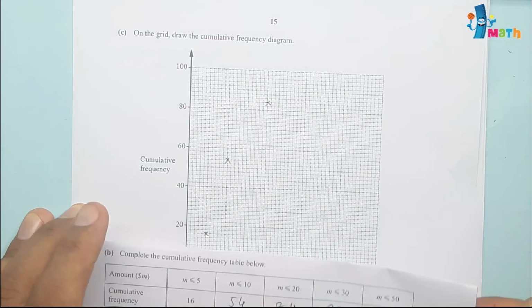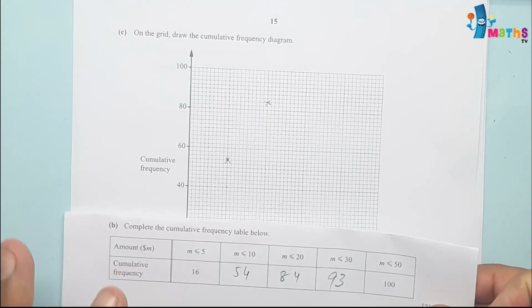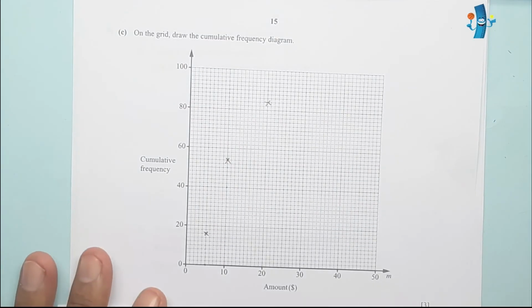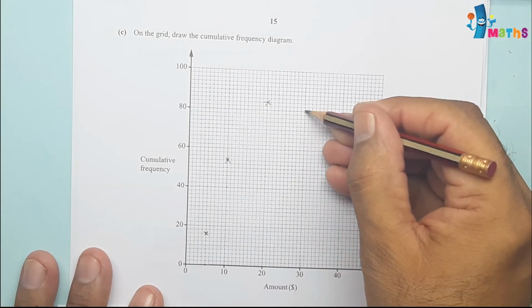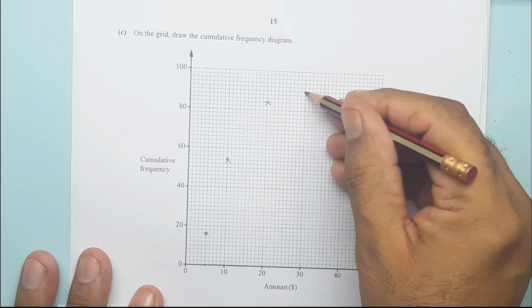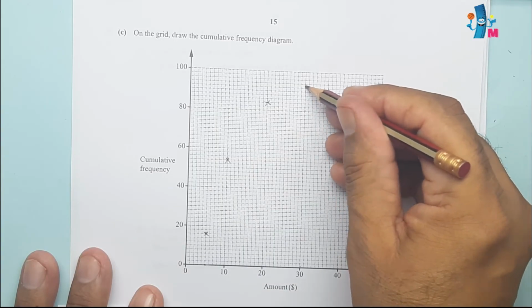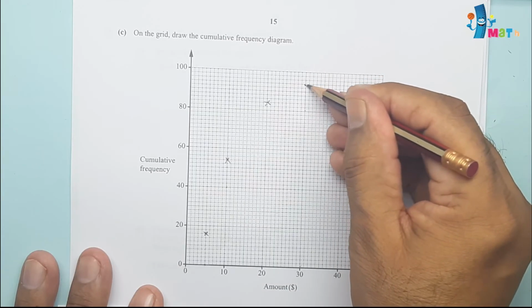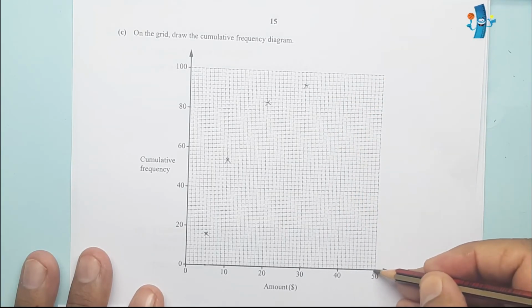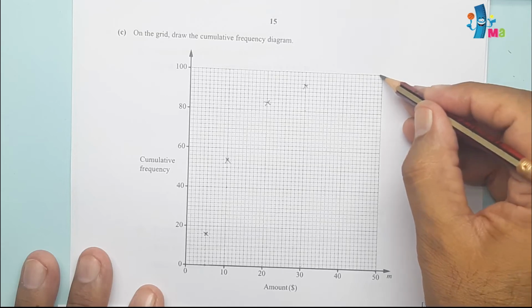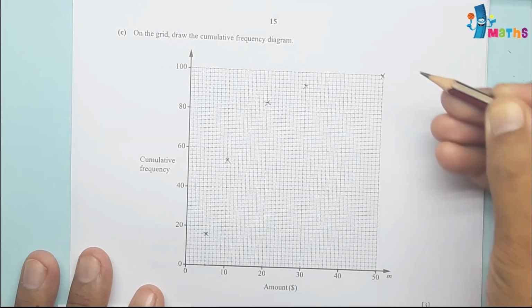Next is 93 for 30, so less than or equal to 30 is 93. So 90, 92 and 93 in the middle of this. Then for 50 it is 100. So 100 will be this last point.